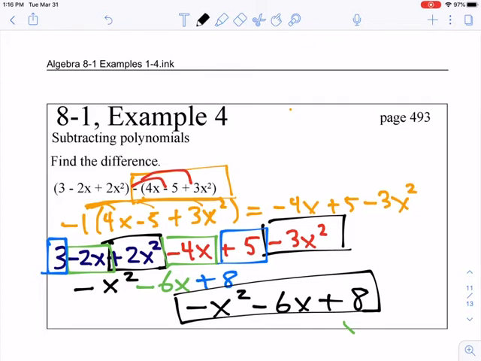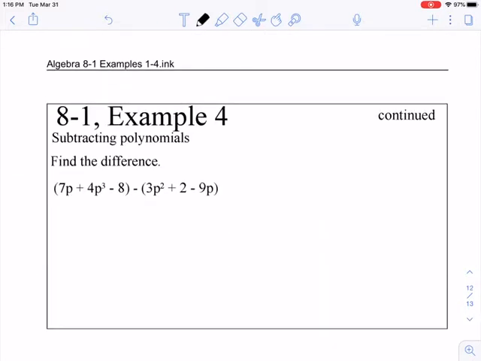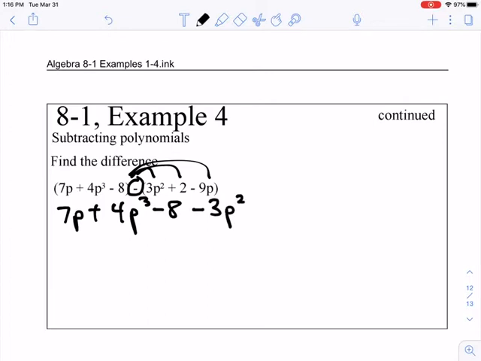So let's look at one more example where we'll do it together just to get a little more practice. I'm going to write out this first term because I know that there's nothing weird I have to do with that. And then we're going to have this negative sign act on everything inside here. So that's going to take that 3p squared and it's going to turn it into a -3p squared.